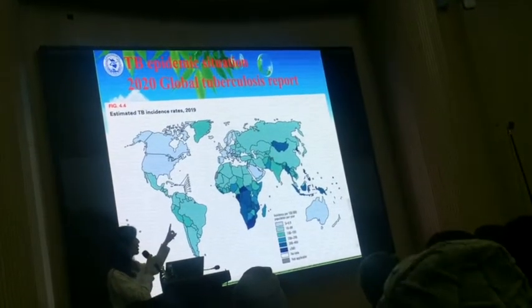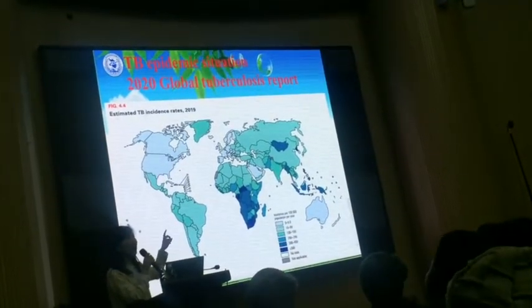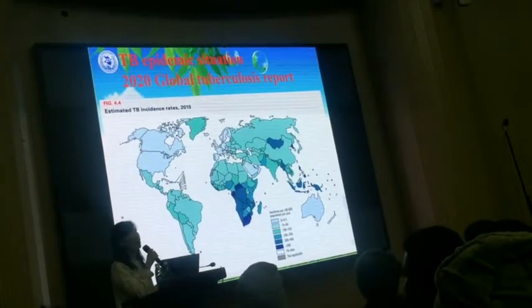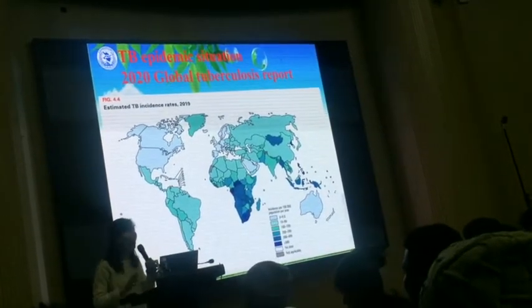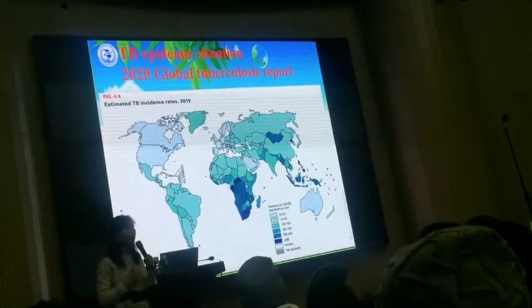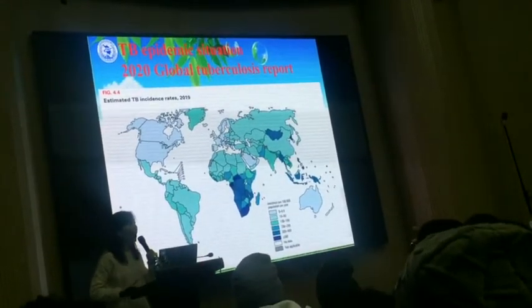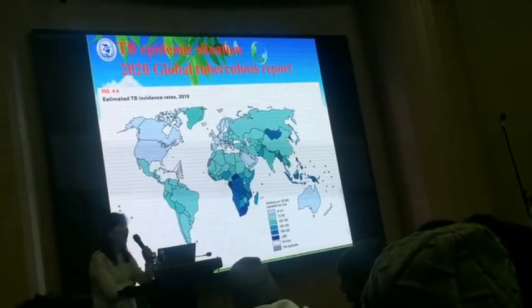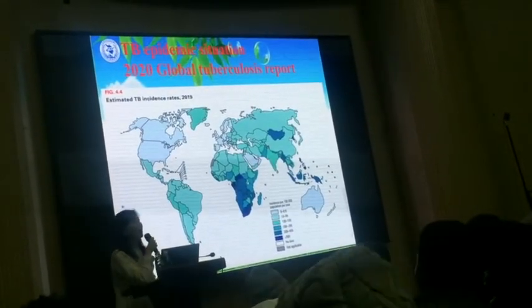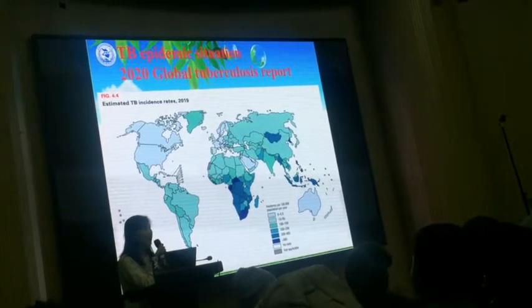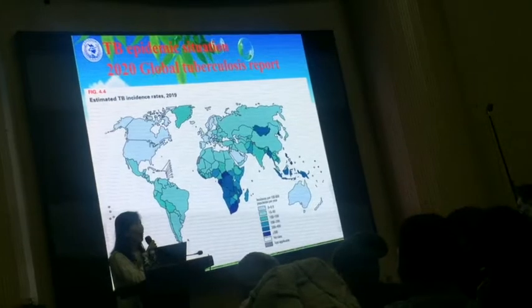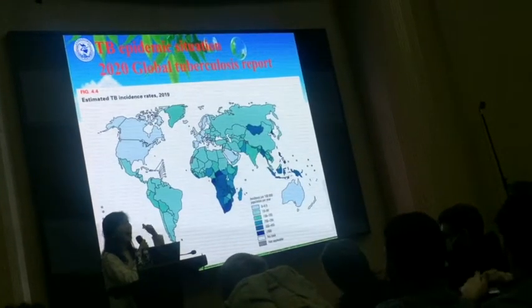So you can see the color is not the deepest in the world because our incidence rate is not very high. But for its large population, we have a lot of cases. So the TB burden, the total number of cases in China, is very high.